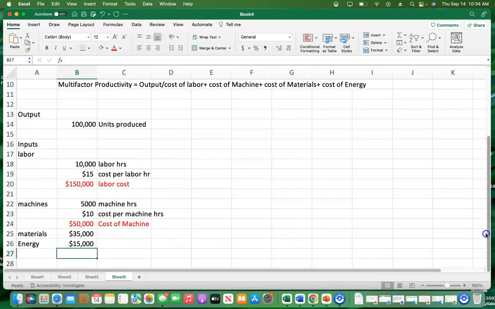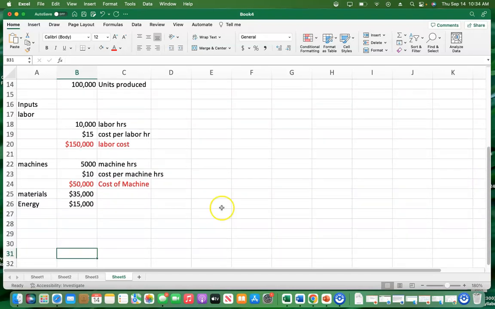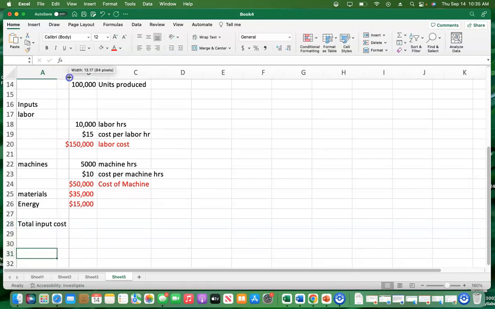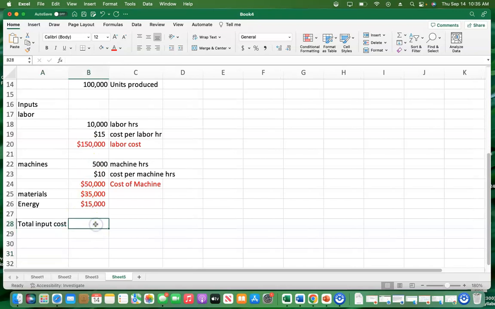So in this case, we can find the overall cost of input. Let me highlight this as well. So we can find the total input cost. This will be the sum of all these costs of input.